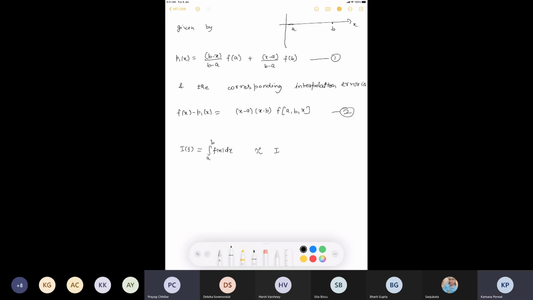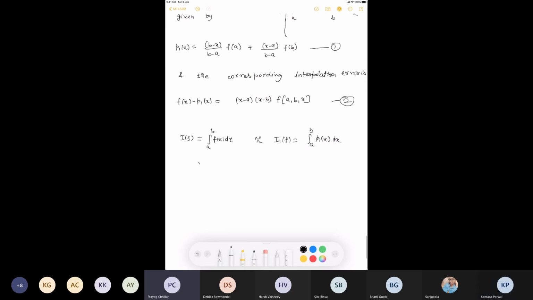So the approximation is going to be I1(f), which is the integral from a to b of p1(x) dx. Let's integrate p1. It's a linear polynomial, so you can simply integrate it. This is the integral from a to b of (b minus x), with f(a) divided by (b minus a) as a constant, and then f(b) divided by (b minus a) times the integral from a to b of (x minus a).